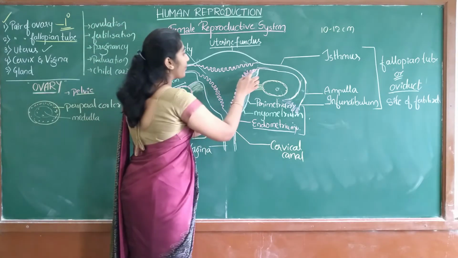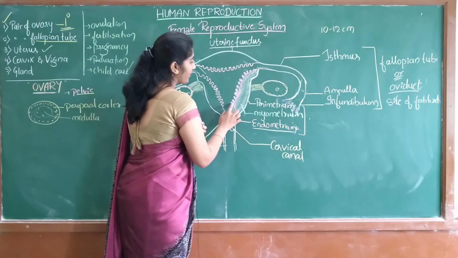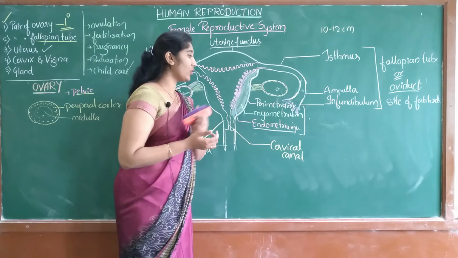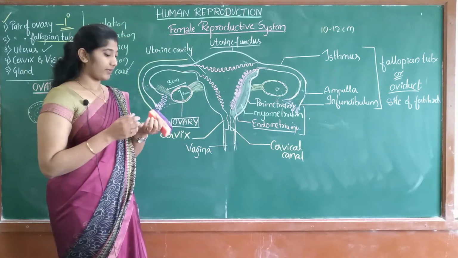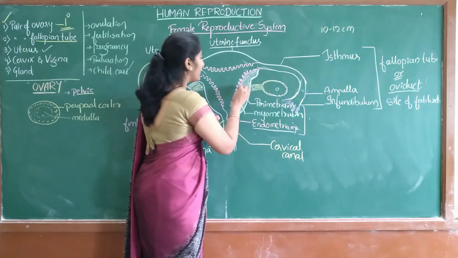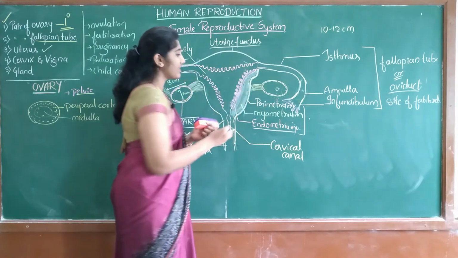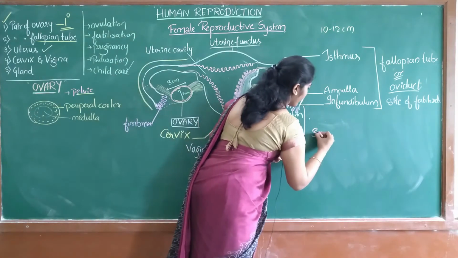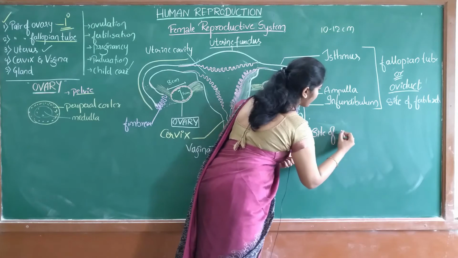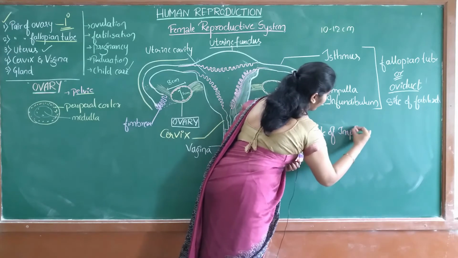So remember, the endometrium is the innermost uterine layer. Now, the uterus is the site of implantation.